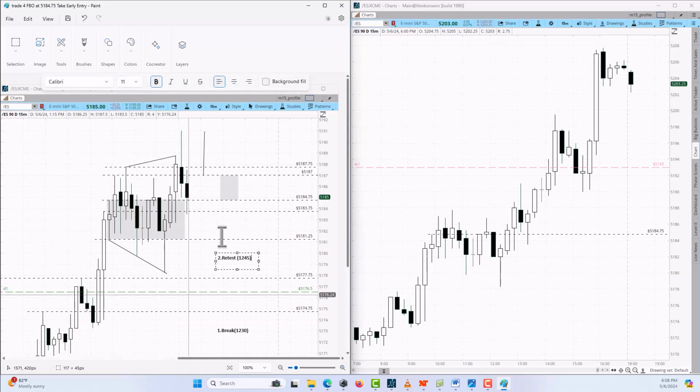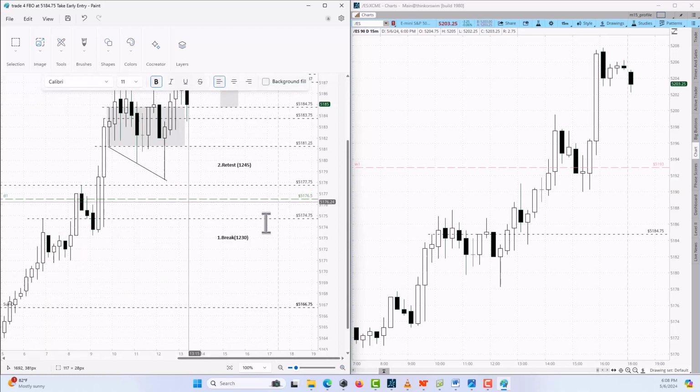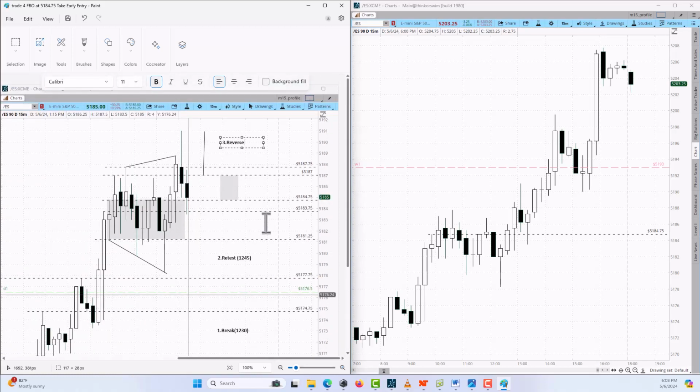You see, we anticipate a reversal. Number 3, a reversal, either at 13 or 15, basically 1 p.m.